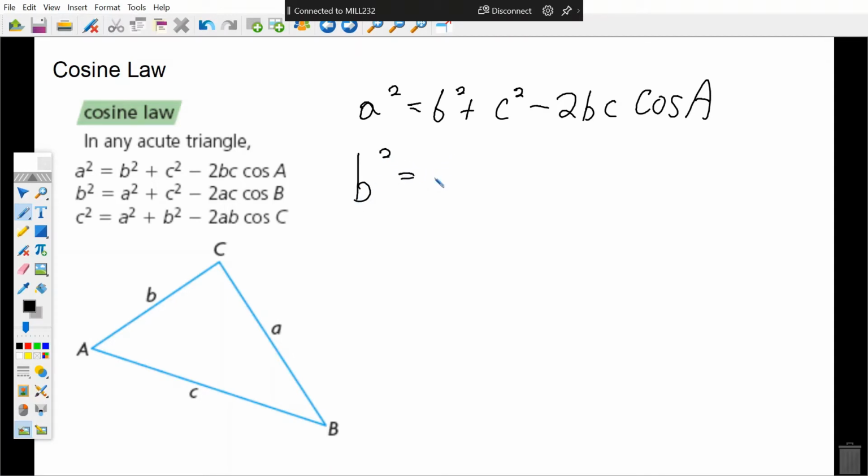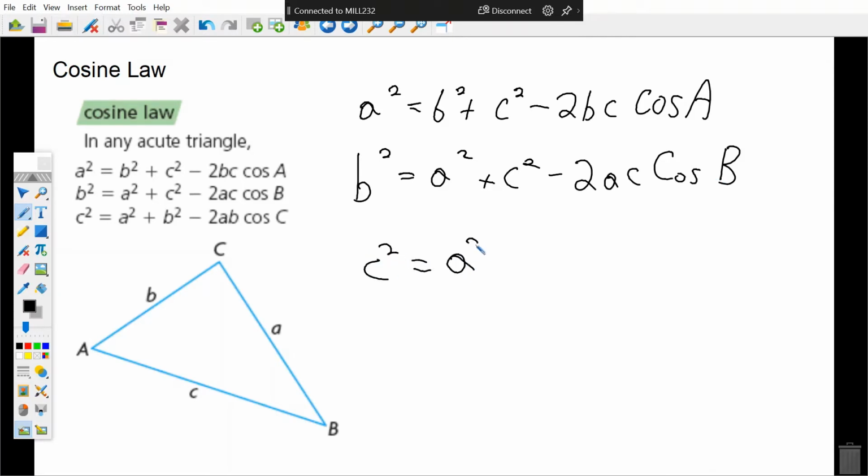You just swap them. So if you're trying to find b, it becomes b squared equals a squared plus c squared minus 2ac cos b. Finally, c squared equals a squared plus b squared minus 2ab cos c.